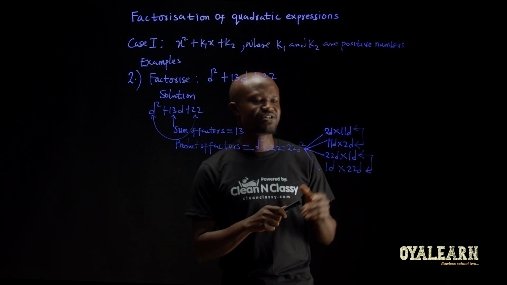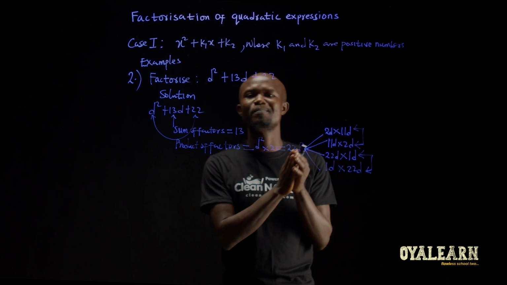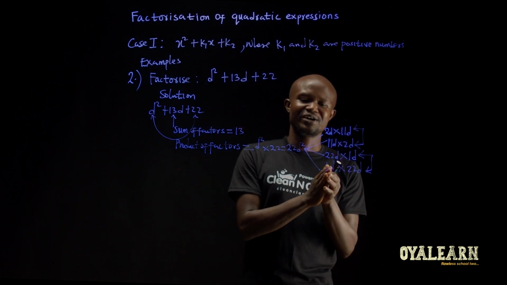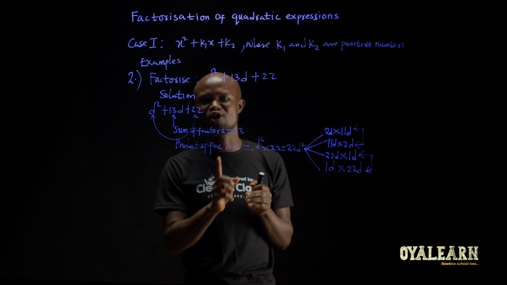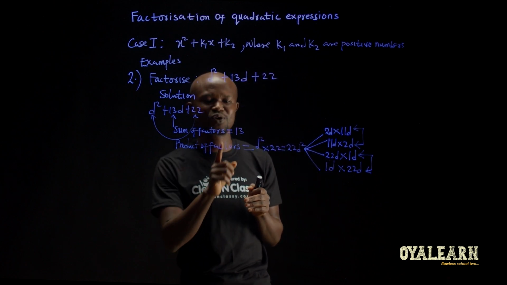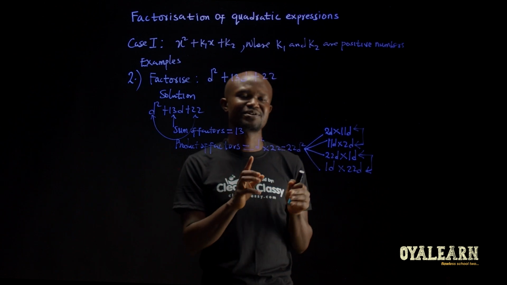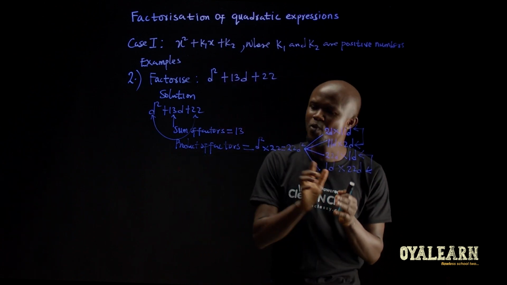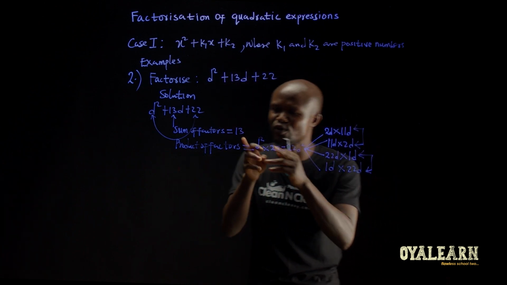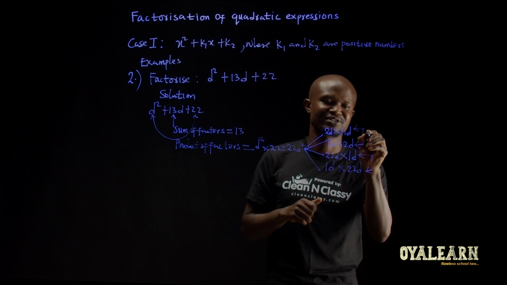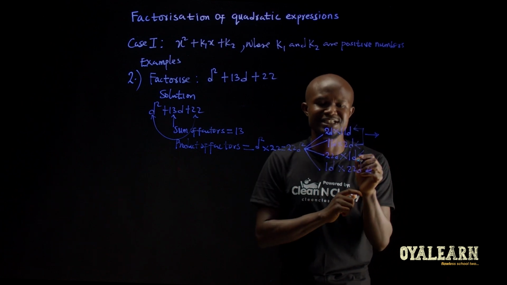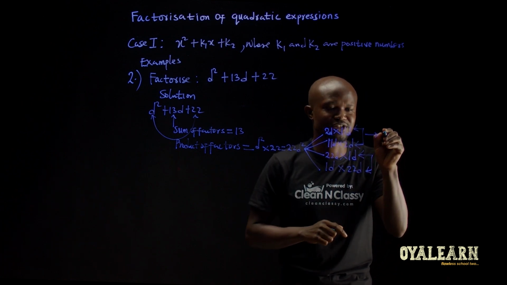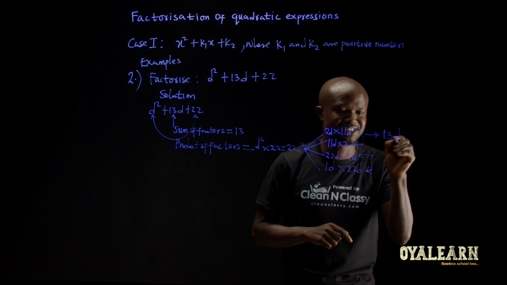Now, for the first one, how do we know the number to choose? The number we are going to choose depends on the sum condition, the one that will satisfy 13. By the time we add the two numbers together, which of these sets will give us 13? Let's check it out. If you add 2d plus 11d, or 11d plus 2d, what does it give us? 13d.